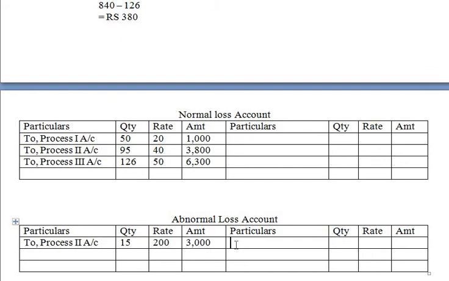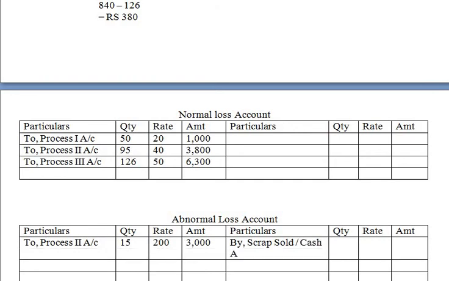So here you can write by scrap sold, or you can show it as cash account as well. Abnormal loss is 15 units. Realizable value for process 2 is 40. So that is 600. Hope you have understood this.